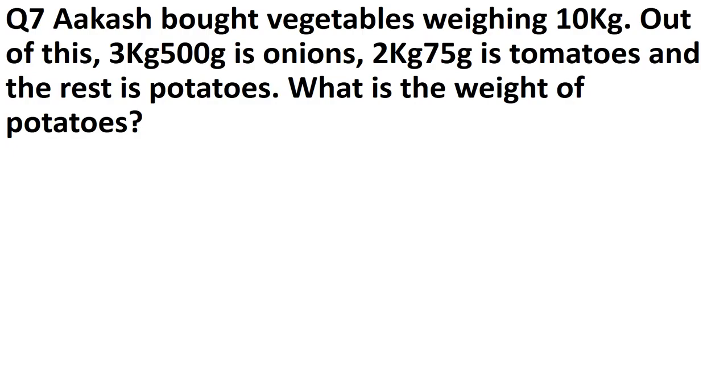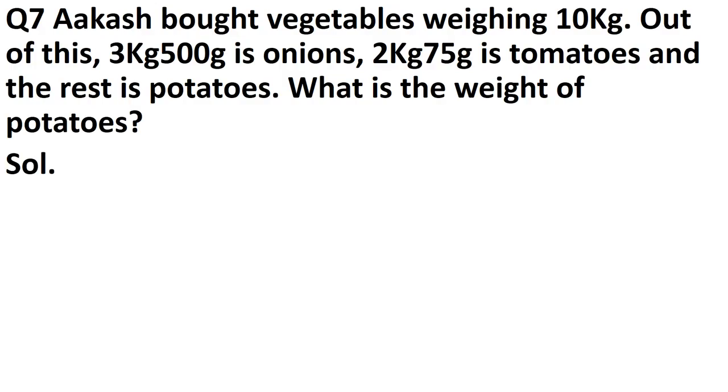What is the weight of potatoes? Total vegetables he bought 10 kilogram. Weight of onion 3 kilogram 500 gram. Weight of tomatoes 2 kilogram 75 gram and the rest are potatoes. Okay, now you have to tell how much weight of potatoes he bought.